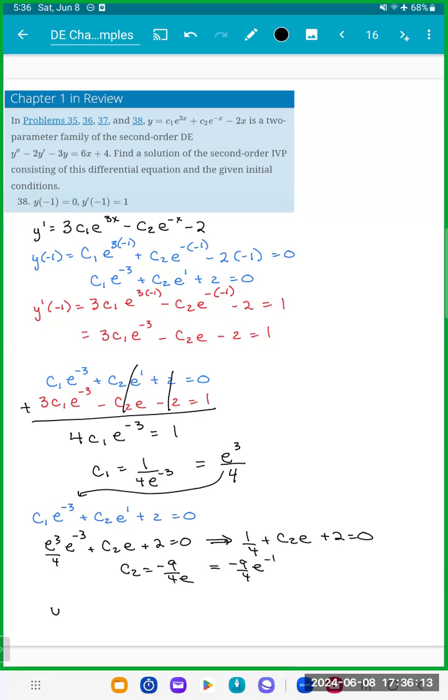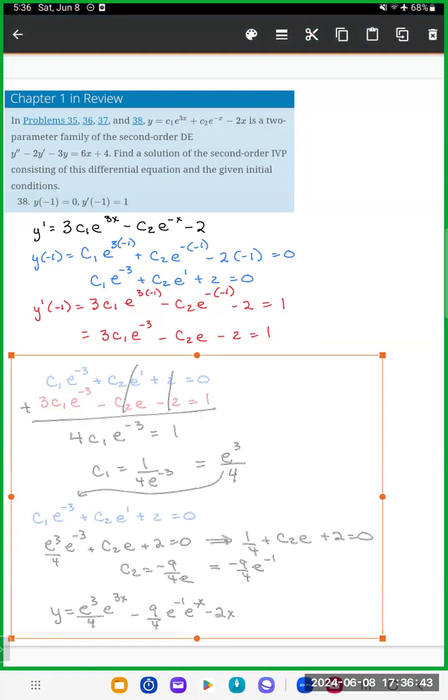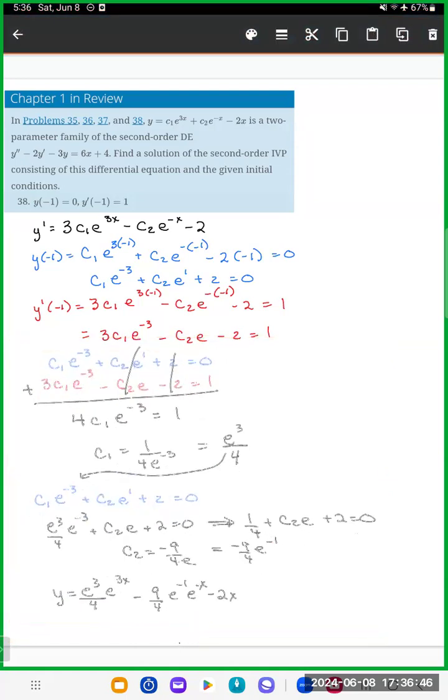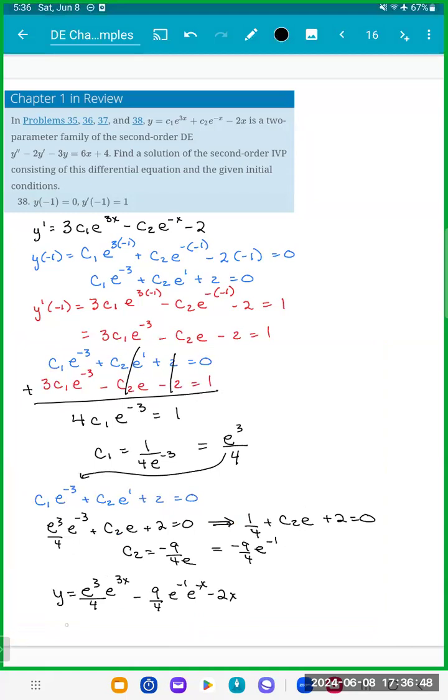And so we could write that equation as y equals e cubed over 4. Let me write that a little cleaner. e to the 3x minus 9 over 4 e to the -1 e to the -x minus 2x. Let me see if I can move this stuff up just a little bit to buy us a little more room here at the bottom to write one more time for simplification.